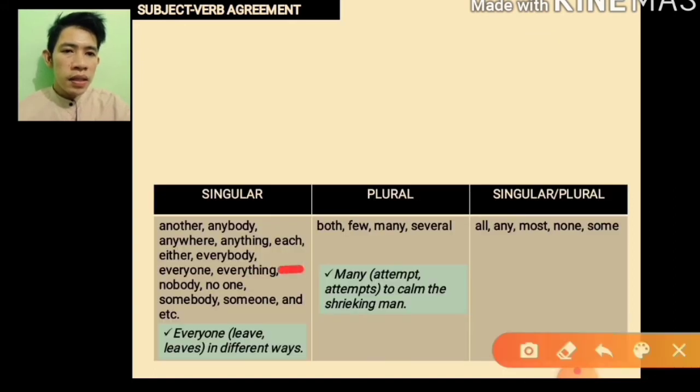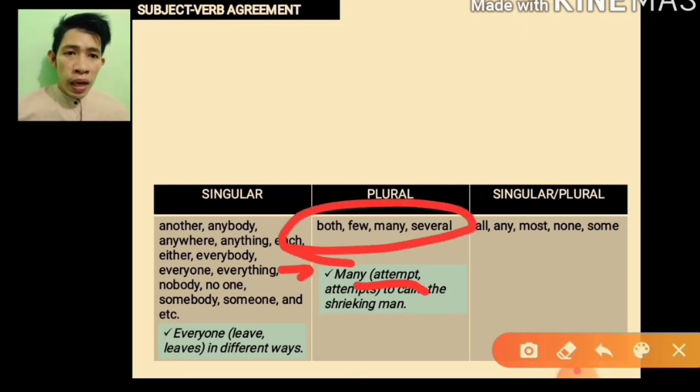Many ang subject natin. So in other words, that is plural. So the verb that we'll be using is plural as well. That's why the correct answer is attempt. Okay? Again, these words are all plural. So the verb that we will be using is plural as well.